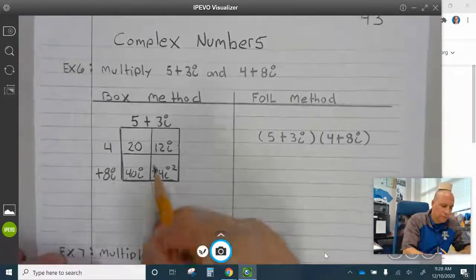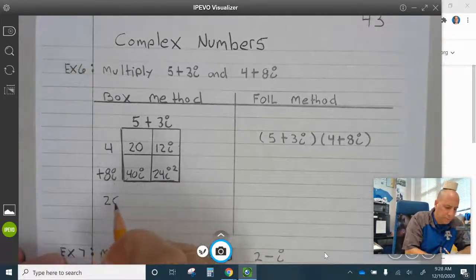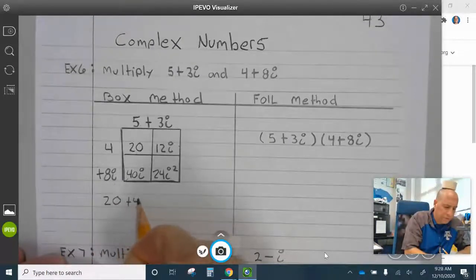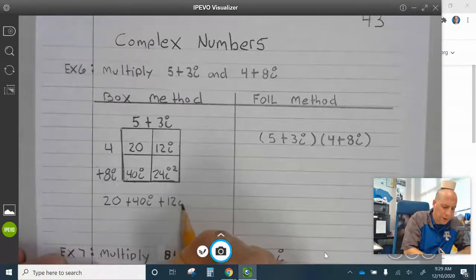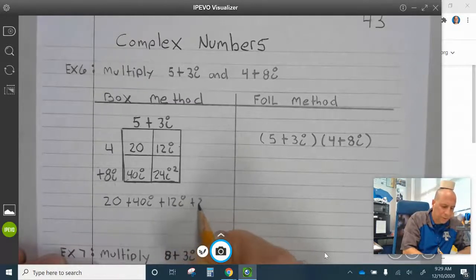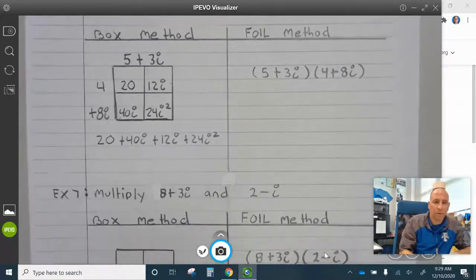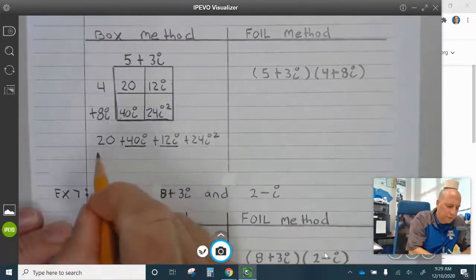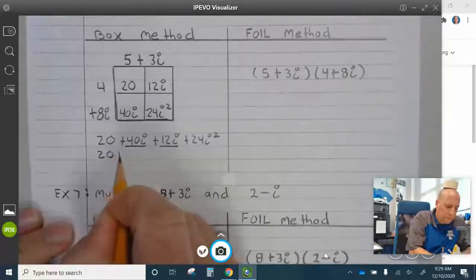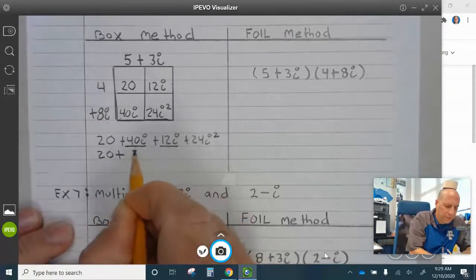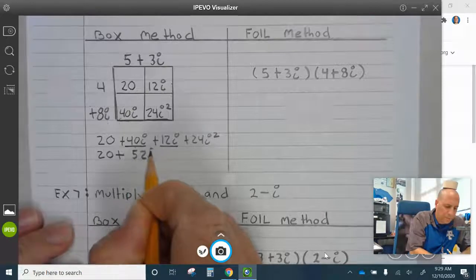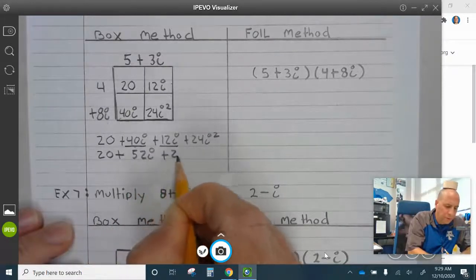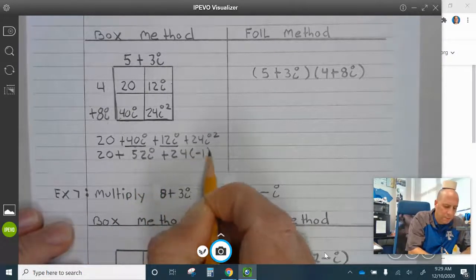Okay, so now we have 20 plus 40i plus 12i plus 24i squared. Okay, now we can combine these two terms. So that's 20 plus 40i and 12i is 52i. Plus, we know from our notes that i squared is negative 1.